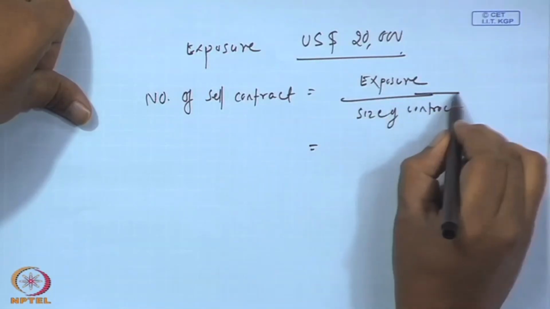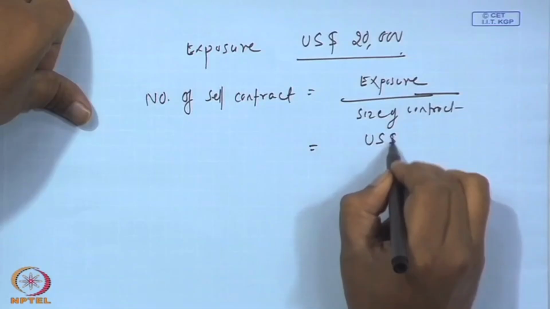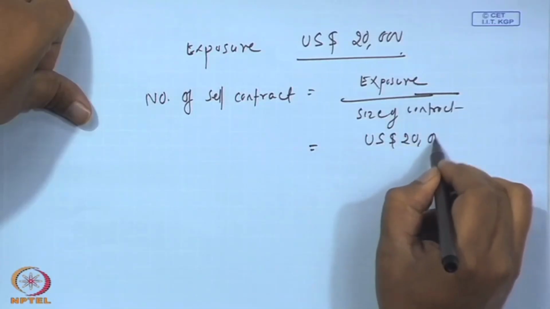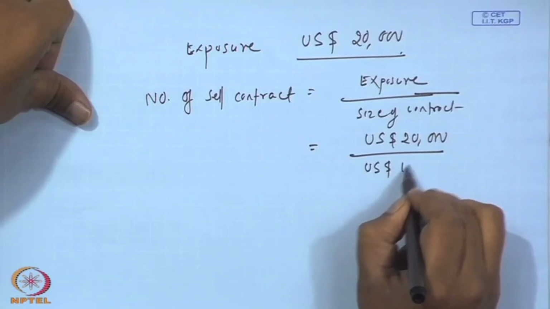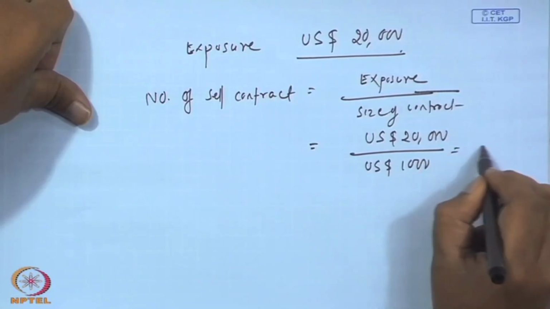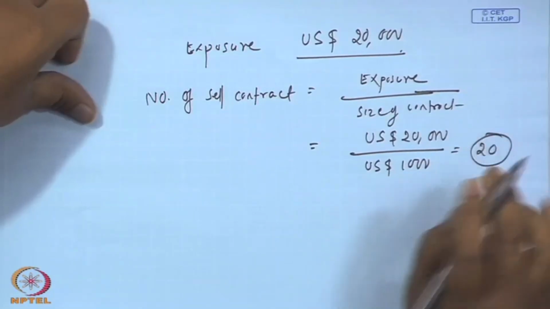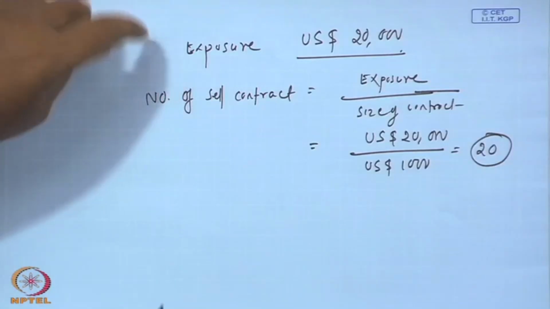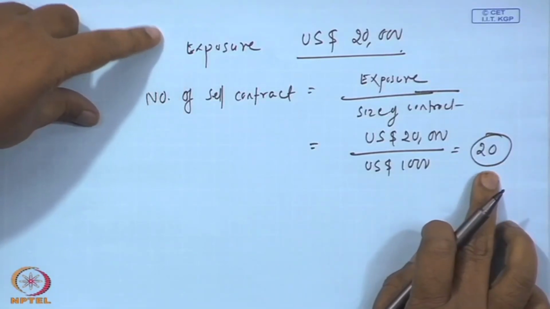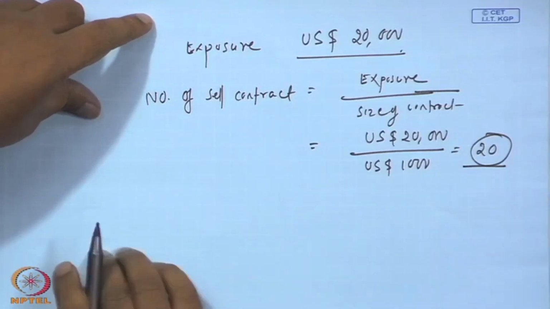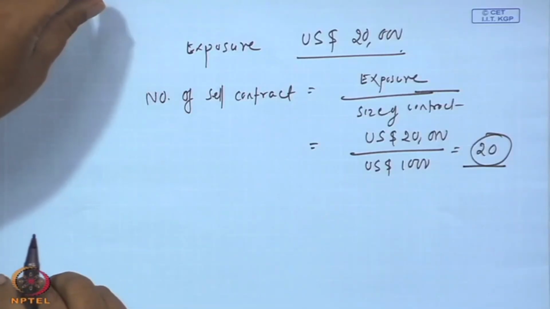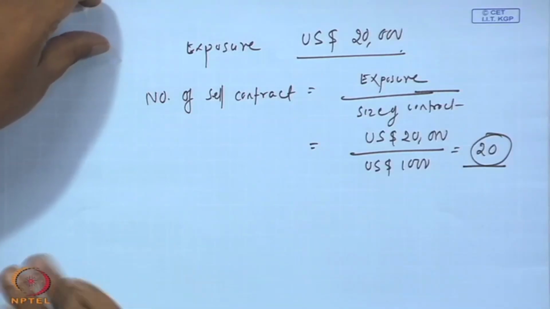So, the exposure is USD 20,000 and the size of the contract in the Indian case is 1000. So, you have to purchase a sale contract of 20 numbers. When is he purchasing? In the month of March only.